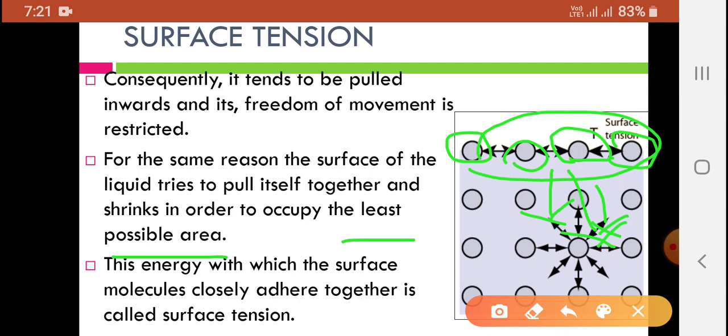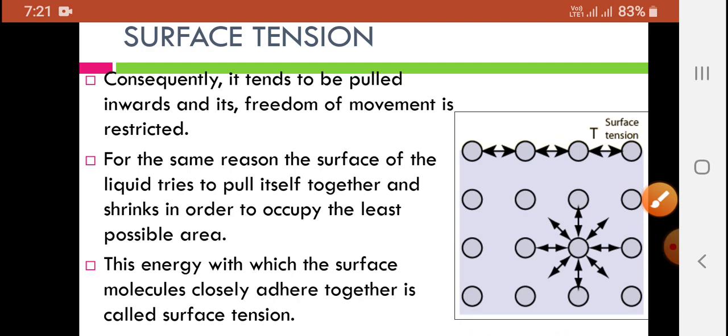That means they try to decrease surface area. This energy with which the surface molecules are closely held together is called surface tension. So surface tension is the tension or the force which is created by the surface molecules.